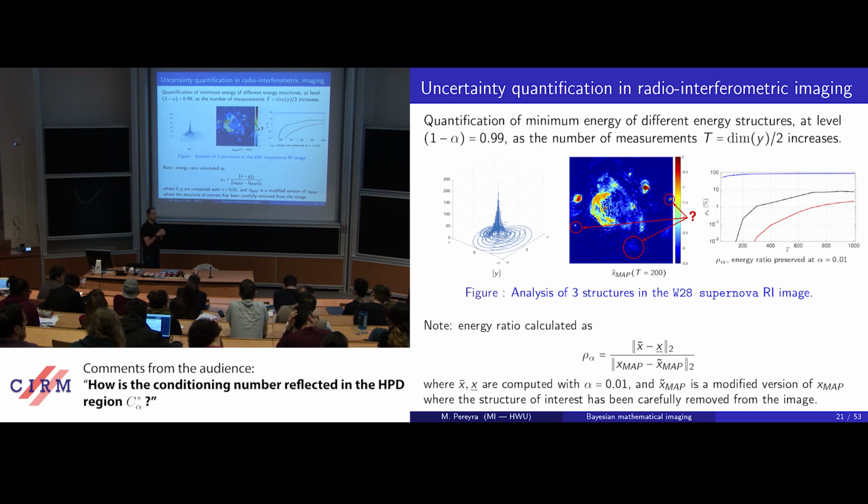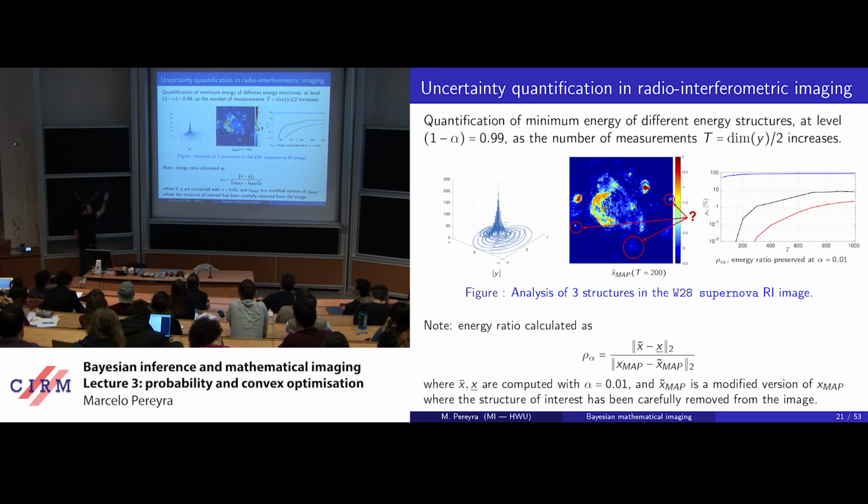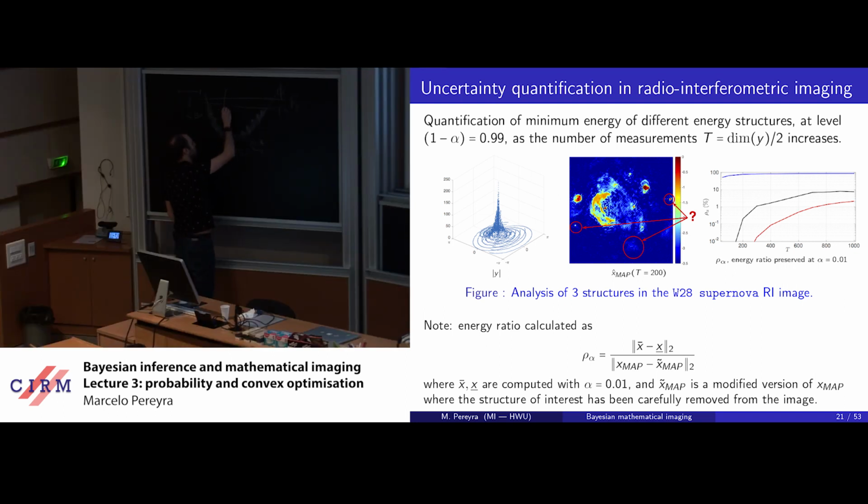Yes. Where in the definition of the C alpha tilde is the conditioning appearing? Well, it appears implicitly. Because I'm comparing the value of phi against a certain gamma, if I improve my conditioning, then my phi will become more like this. So as soon as I move a little bit, I will get very far from the optimum value.